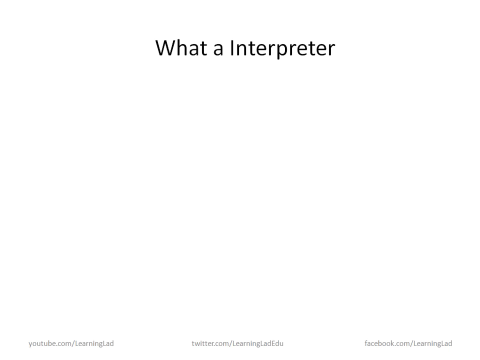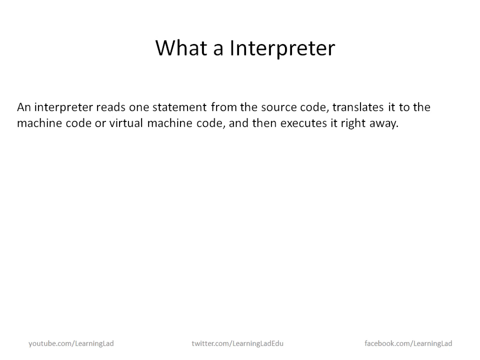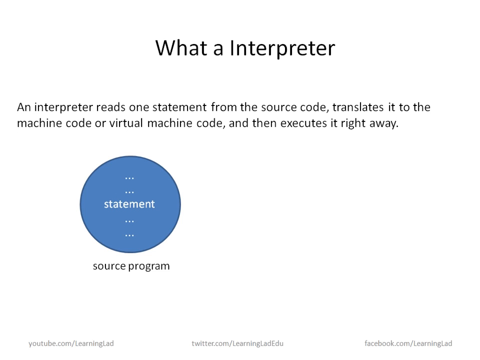Then we'll see about the interpreter. So what is an interpreter? An interpreter is a program which reads one statement from the source code at a time, translates it to machine code or virtual machine code, and then executes that right away. So first we have the source program, and then we use the interpreter.